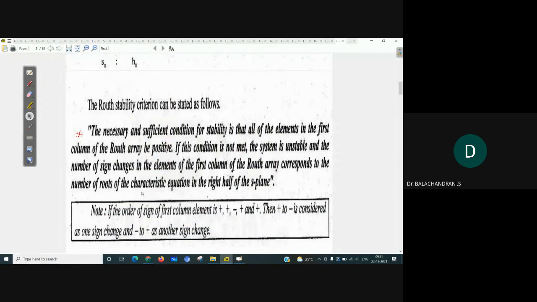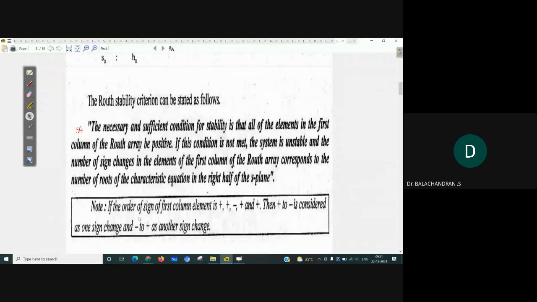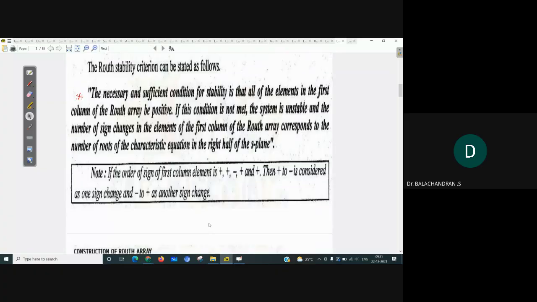So this is an important condition. This note explains the order of sign changes in the first column. Suppose you have plus, plus, minus, plus, and plus, then plus to minus is considered one sign change, and minus to plus is considered another sign change.